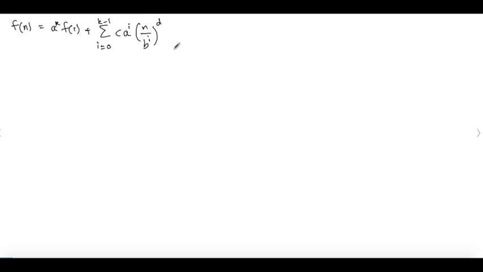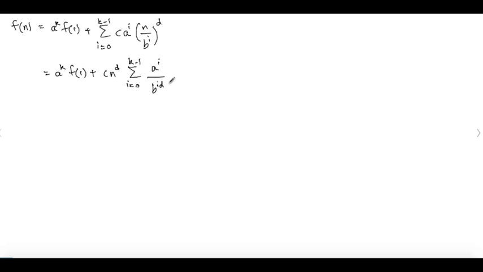Okay, now let's simplify this a little bit more. So we can write a to the k f of 1 plus, I can take c out and I can take n to the d out, and then I can write summation i is equal to 0 to k minus 1 a to the i over b to the i d.